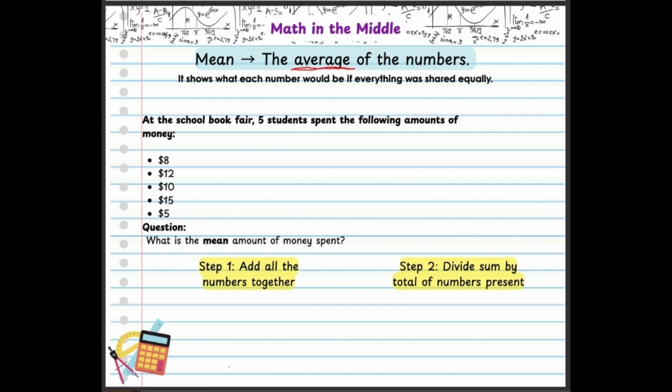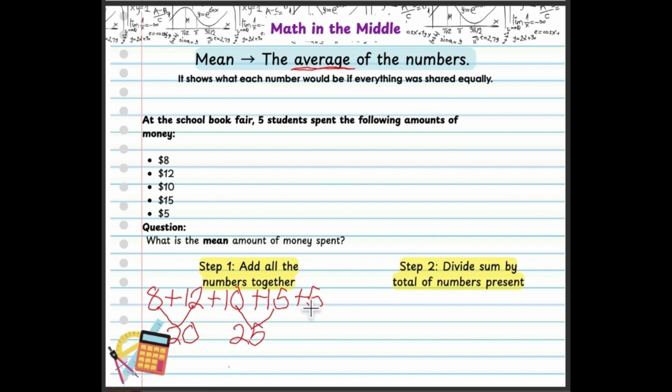So we have to add all of the numbers together. So let's add them. We have 8 plus 12 plus 10 plus 15 and plus 5. Okay, so we know that 8 plus 12 is 20. 10 and 15 is 25.